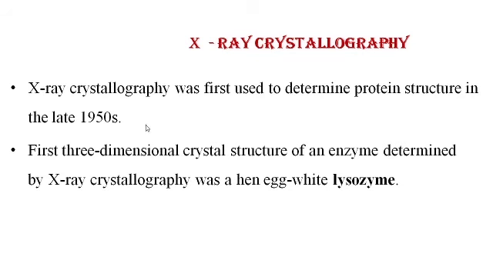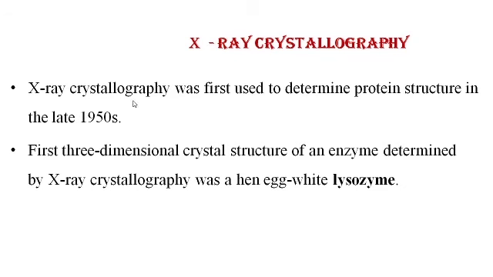Just to recall what we studied in the earlier slides, the Bragg duo, the father and son duo, bagged the Nobel Prize in 1915 for analyzing the X-ray diffraction pattern of crystals.